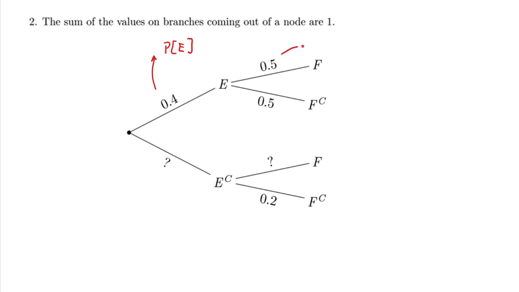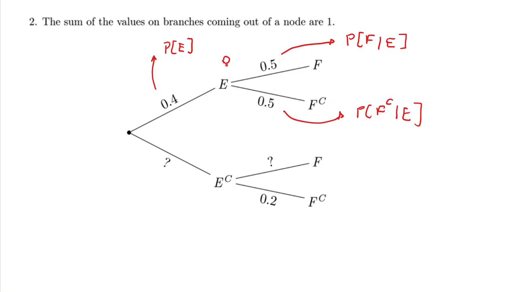This probability here is the probability of F happening, because I'm in the branch of F, given E happened already. And this here is the probability of F not happening given E. Remember, whatever is on branches are conditional probabilities.